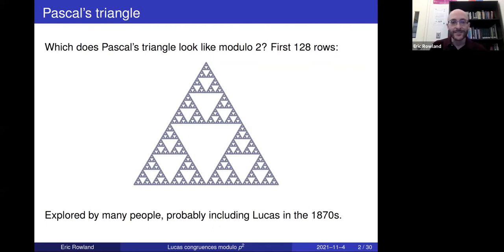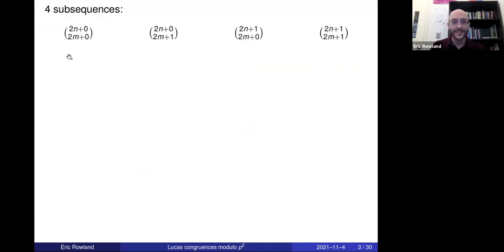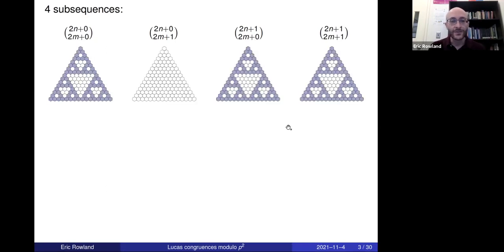One thing that Lucas may have done is to look at subsequences in order to understand the picture. We would call it a fractal. It has self-similar behavior, but this was half a century before Mandelbrot was born, so there was no notion of a fractal. But we could look at these 4 subsequences and notice that 3 of them look an awful lot like the original picture, and the exception is the subsequence 2n choose 2m plus 1.